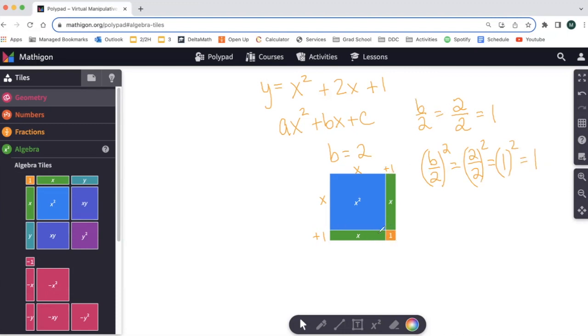We see the bottom right square here is half of b squared. Finally, we can write this in vertex form by writing the form x plus half of b quantity squared. So we see here y equals x plus, we have half of b is 1, so it's x plus 1 quantity squared, which matches the side lengths of our visual.